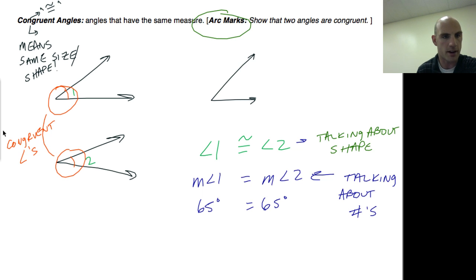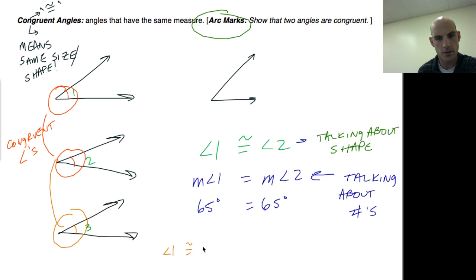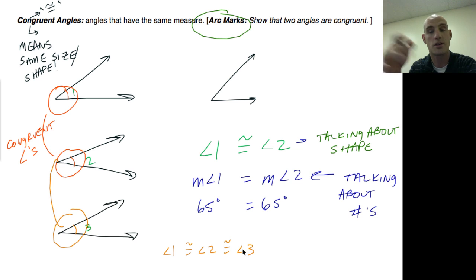So what if I drew a third angle down here and I called it angle 3, and I didn't know anything about it, but I had this little arc mark on it. Well, this arc mark means that angle 1 is congruent to angle 2 is congruent to angle 3. They're all the same size. So whatever angle in this scenario, whatever's marked with one arc mark, those are all congruent. That's the basics of angle measurements, guys.